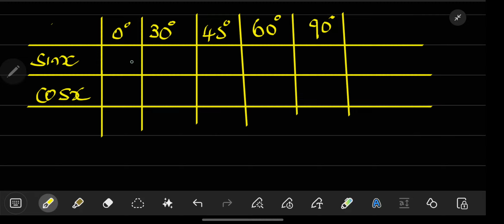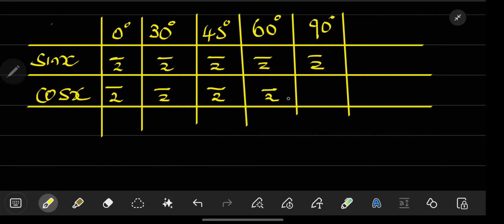Okay, then what do you do from there? You just divide throughout by 2. You just say 2 divided by 2 divided by 2 divided by 2 divided by 2, right? The same thing here, divided by 2 for each.